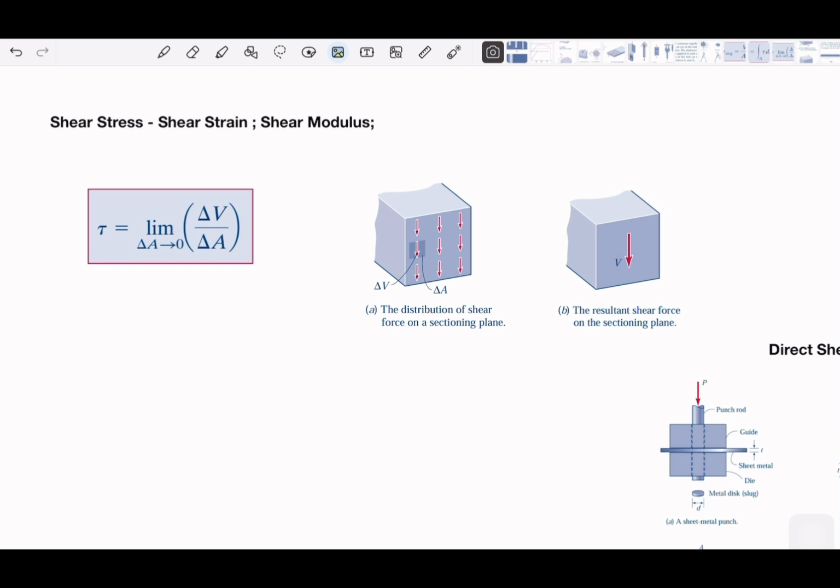Okay. So it's quite similar to what we have in the axial stress, where we have the normal force divided by the area, but now we have the shear force. So this is the shear force, and this is the shear stress. And usually the symbol for shear stress is tau. Okay, tau.